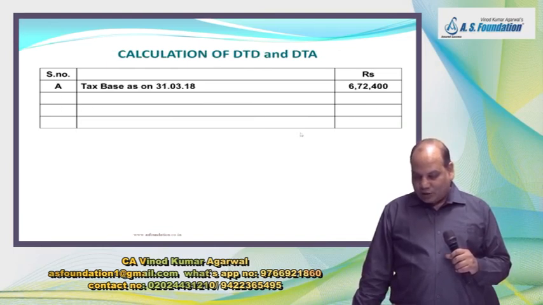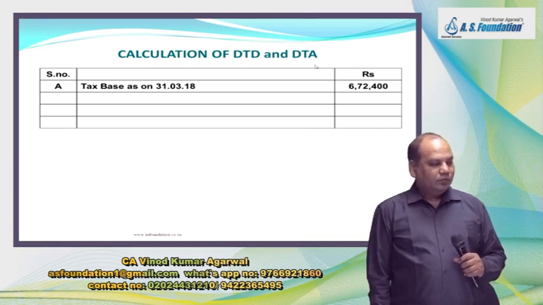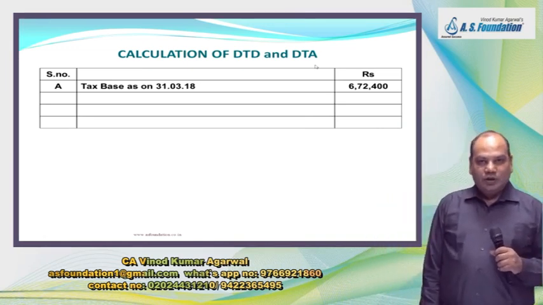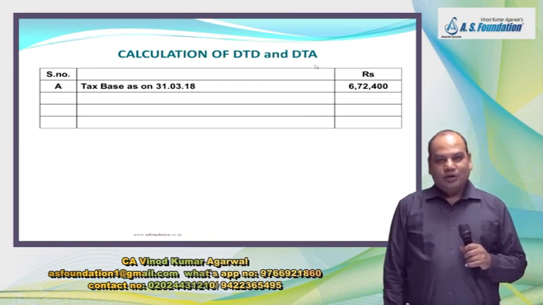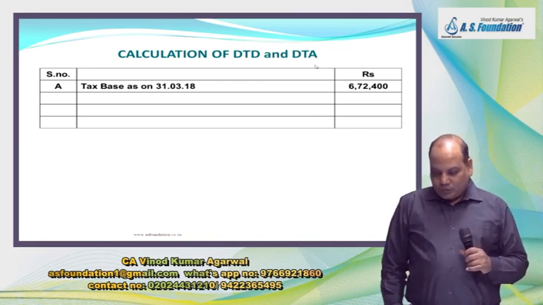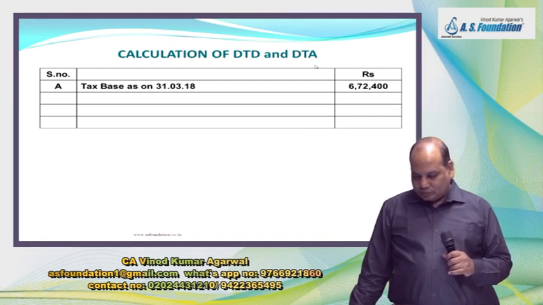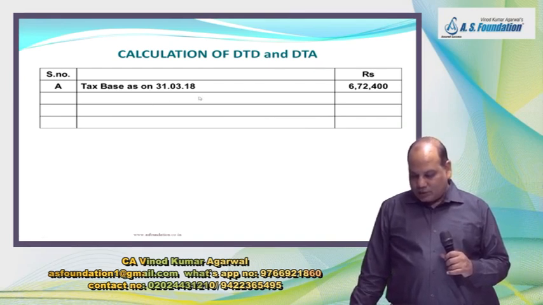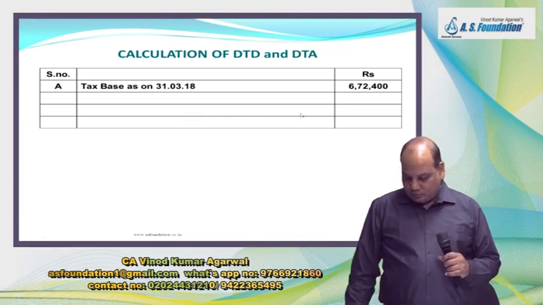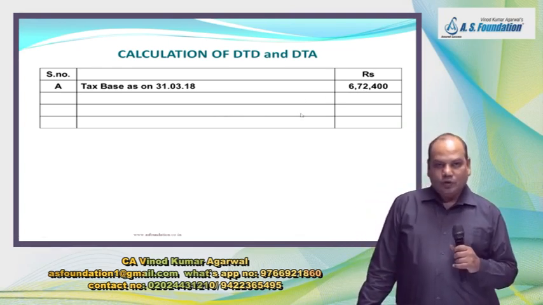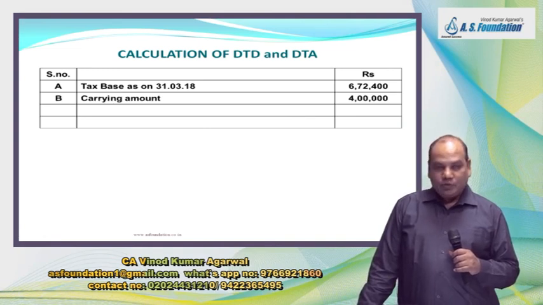Now write down calculation of DTA. A, tax base 6,72,400. Below that write B, less carrying amount 4 lakh.